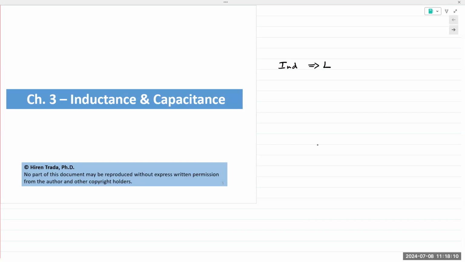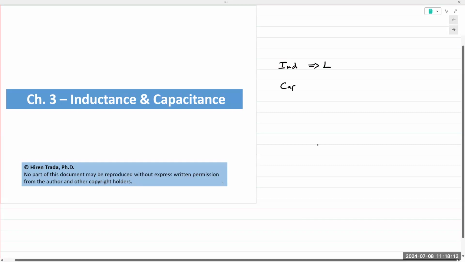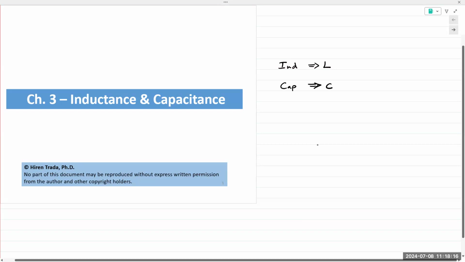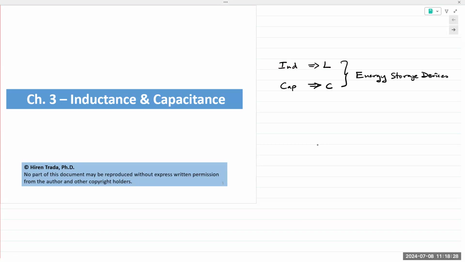Inductors are represented with the uppercase L. Capacitors are represented with the uppercase C. And they are both energy storage devices. Whereas a resistor does not store any energy, it simply transforms it.